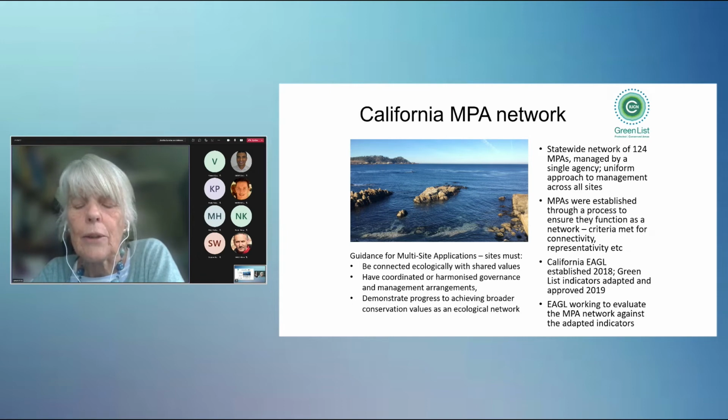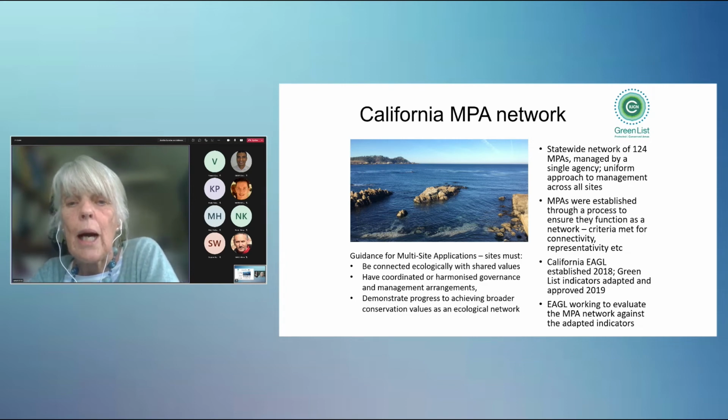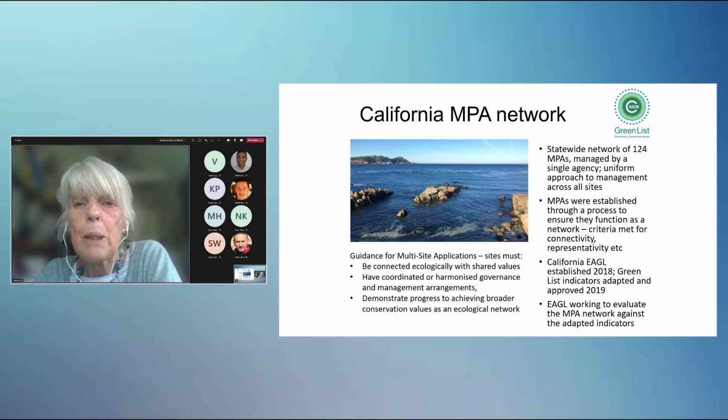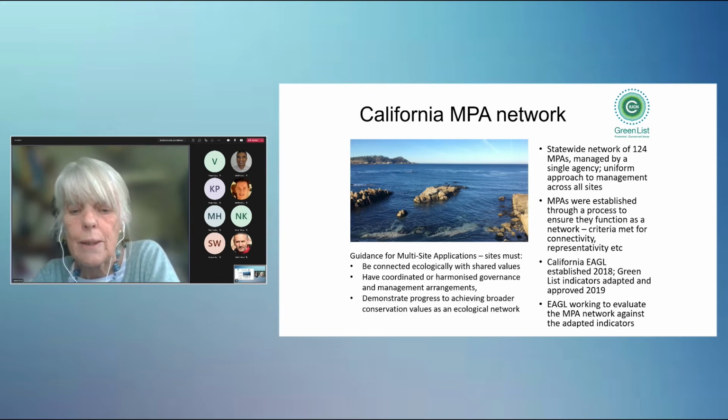This has been achieved now, and the MPA network is going through the process with its EAGLE established. And this has meant that we now have some preliminary guidance for multi-site applications, which might be used not only for MPAs, but perhaps also for terrestrial networks in the future. Next slide, please.